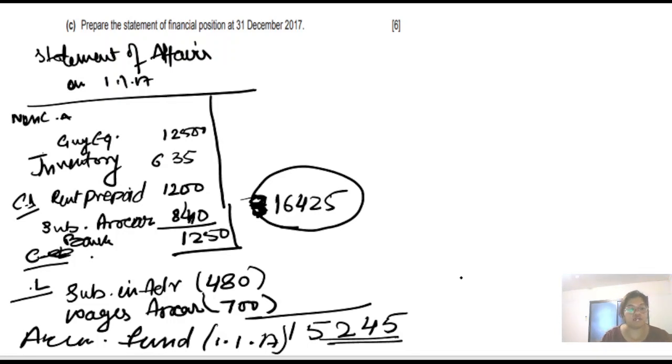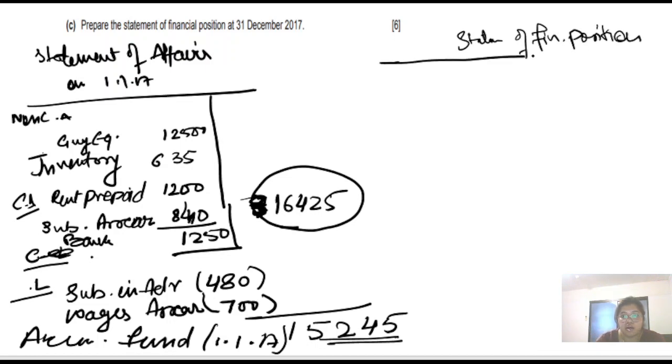When we know this is our accumulated fund, we are able to prepare our statement of financial position easily. So how are we going to prepare it? First of all, you have to record all your balances on 31st January 2017.